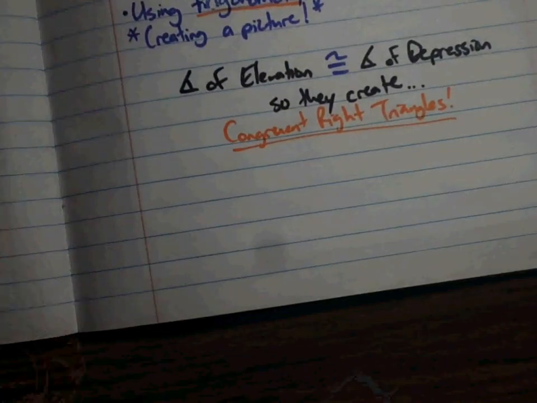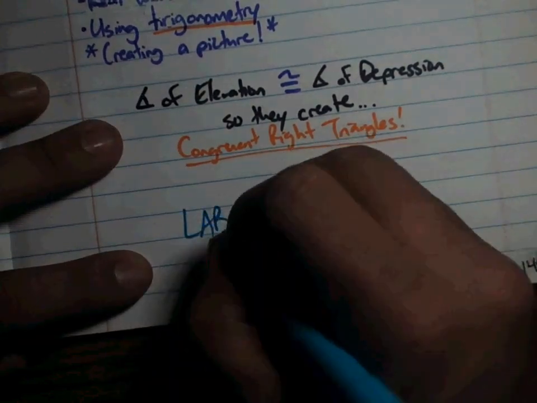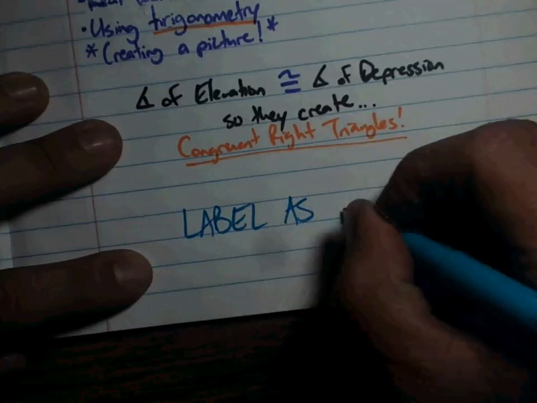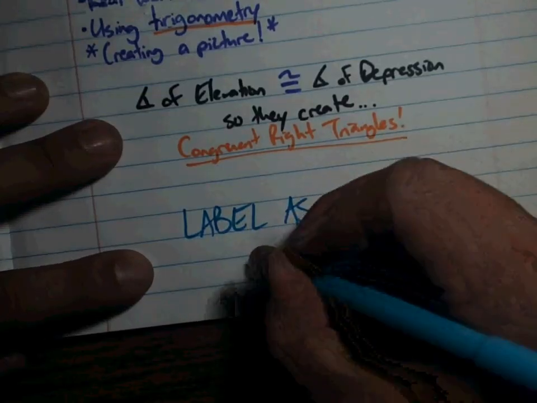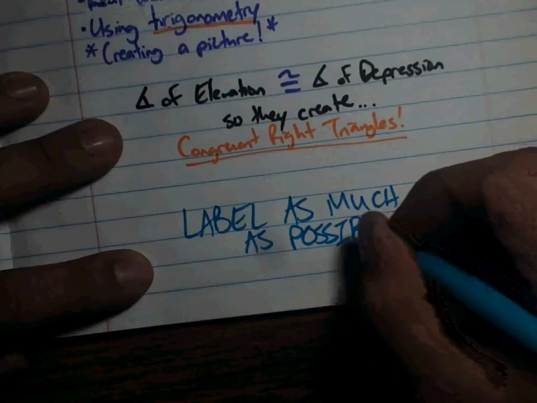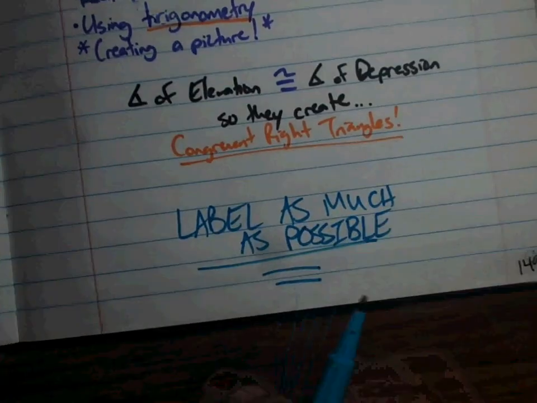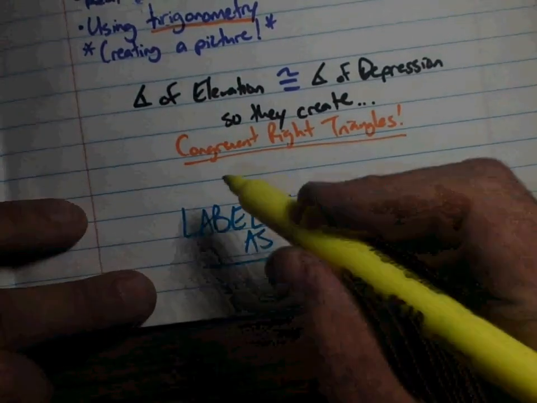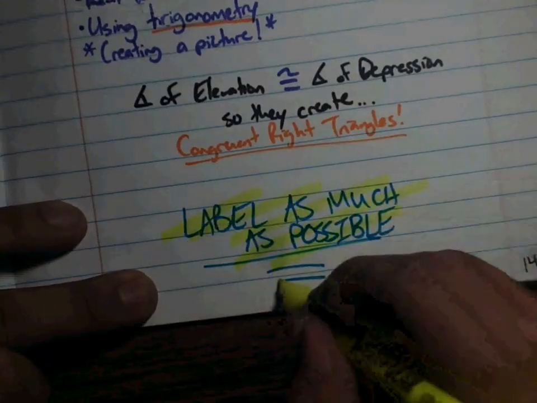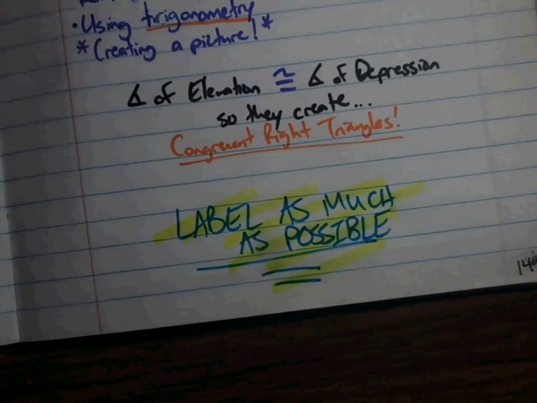I guess that's something I could write at the very bottom: as always, label as much as possible, because that's always going to help out. That's it. We'll talk about all this stuff in class, how it relates to trigonometry, setting up these triangles.